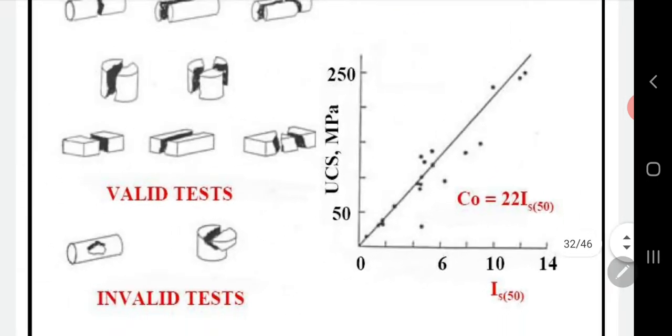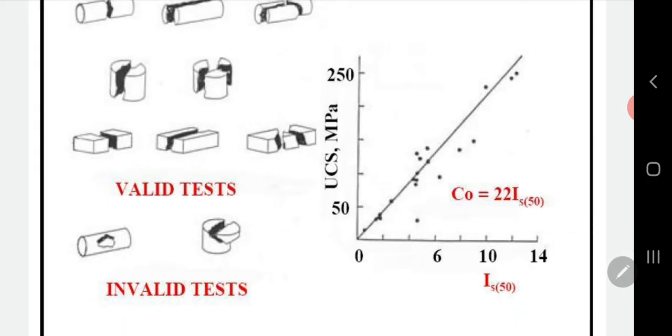You get the value of Is, the point load index. Use the graph, interpret from the linear line here, and then get the value of UCS, or compressive strength, in the unit of megapascal.